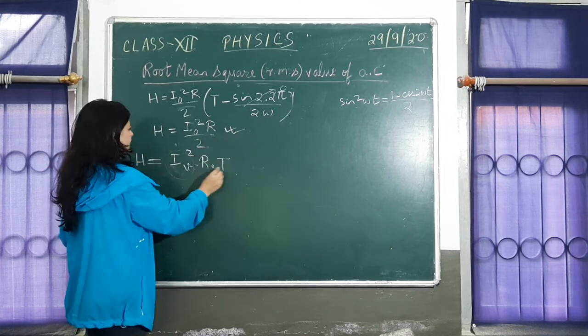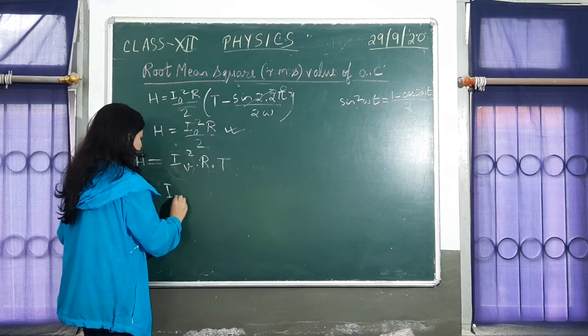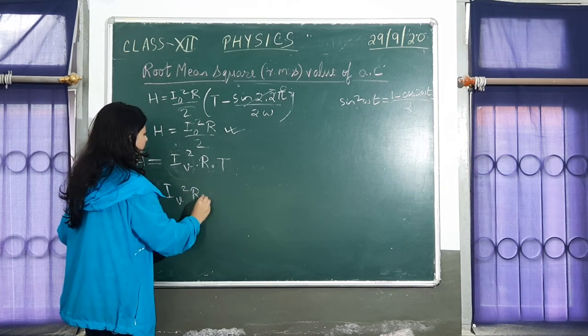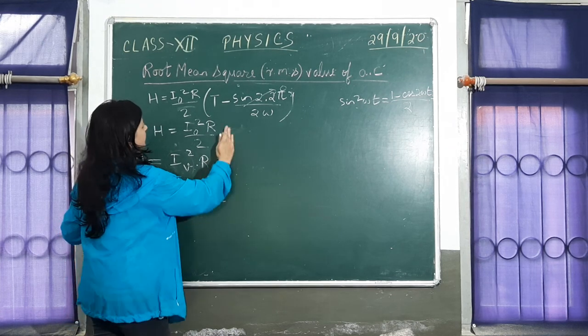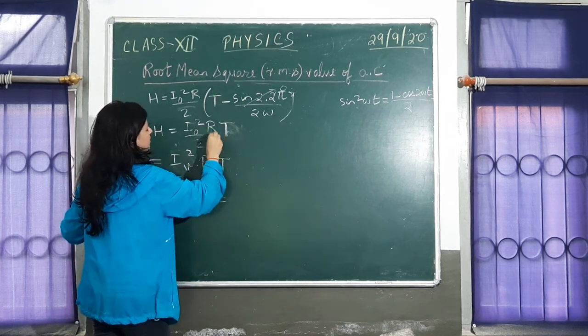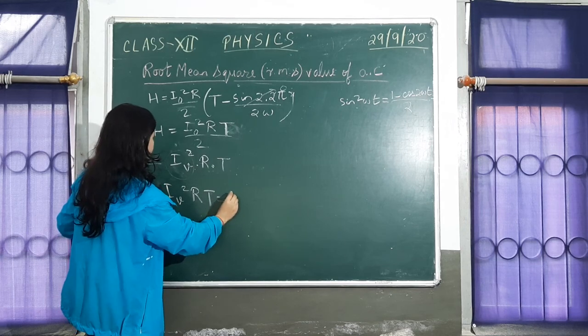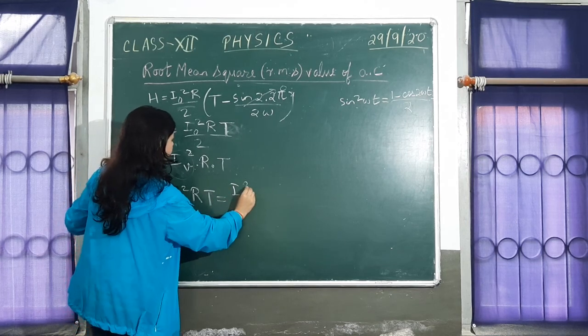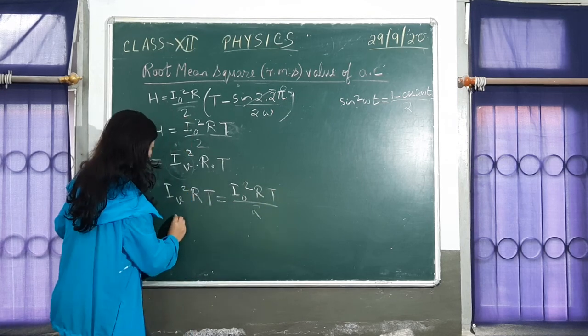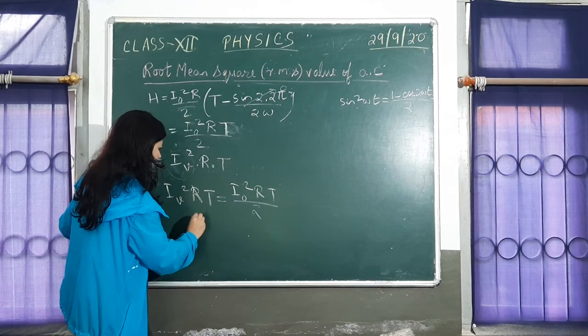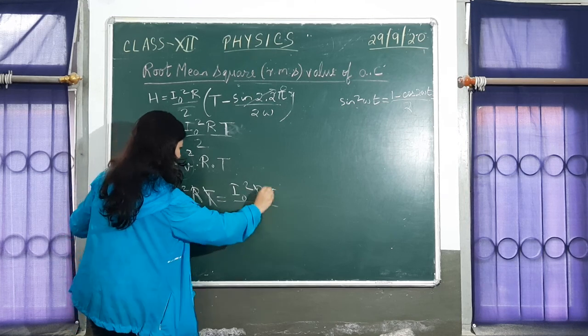With the help of these two, we are just going to find out the value of IV. So comparing this and this, we get IV square RT is equal to I naught square RT divided by 2, or we can just cancel this.